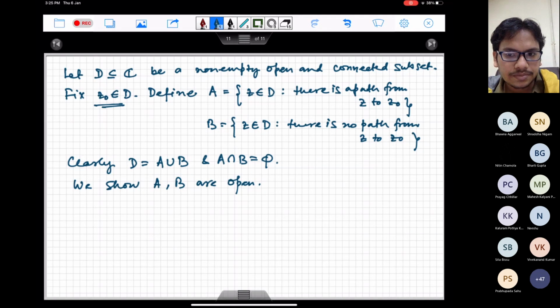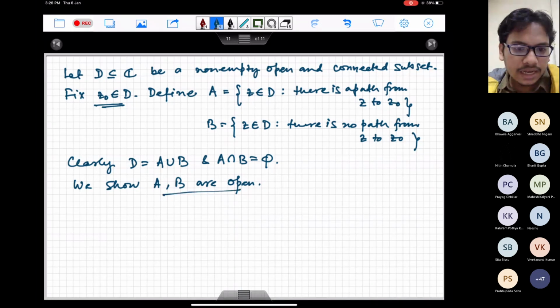Correct? Yes, sir. Now, why is A non-empty? Because already I can find a path from Z0 to itself. So, for example, Z0 belongs to A, right? Therefore A is non-empty, and that will imply B must be empty, and hence A will be equal to D.